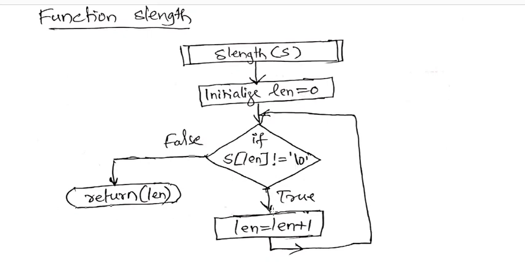If it is true, what we are doing, there are no other statements in the for loop, we are increasing the len value, len is equal to len plus 1 and going back and checking again whether the next character is not equal to null. This is repeated until we reach the null character. Once it reaches the null character, null not equal to null is false. When it is false, we return whatever value is in len.